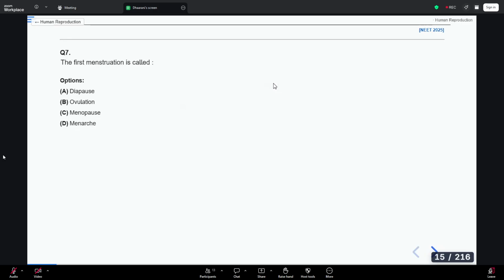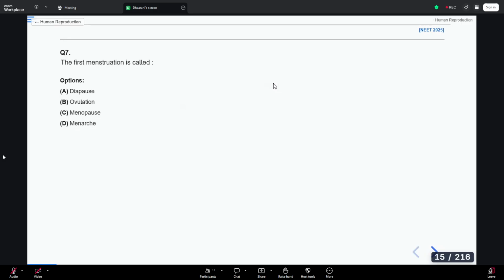Menopause is the period when a female stops experiencing periods, after the age of 50. Okay, very good. What is ovulation?